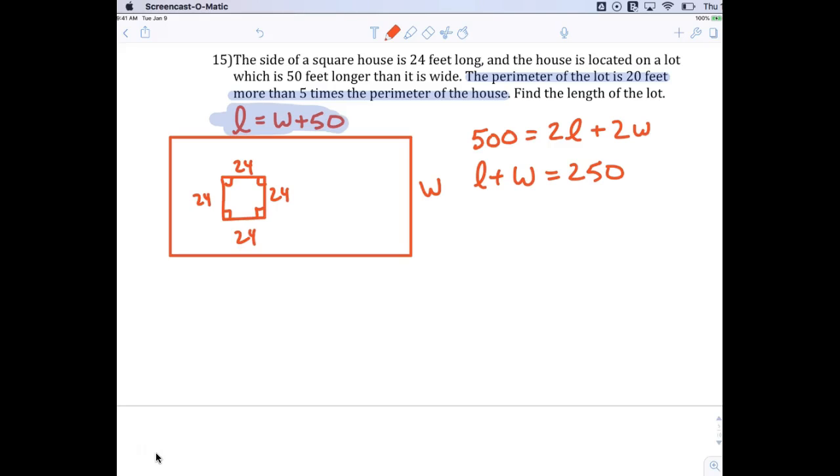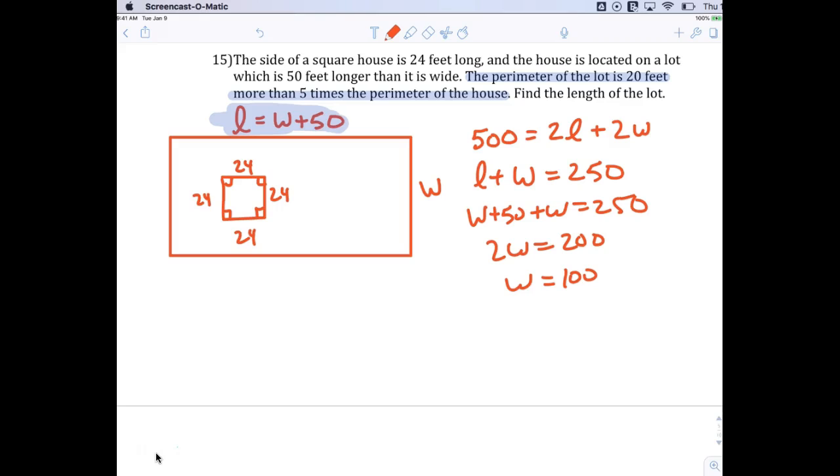Everybody good with this? And now what does L equal? W plus 50. Wherever I see an L, I'm going to put W plus 50. W plus 50 plus W equals 250. 2W equals 200. So W is equal to what? 100.